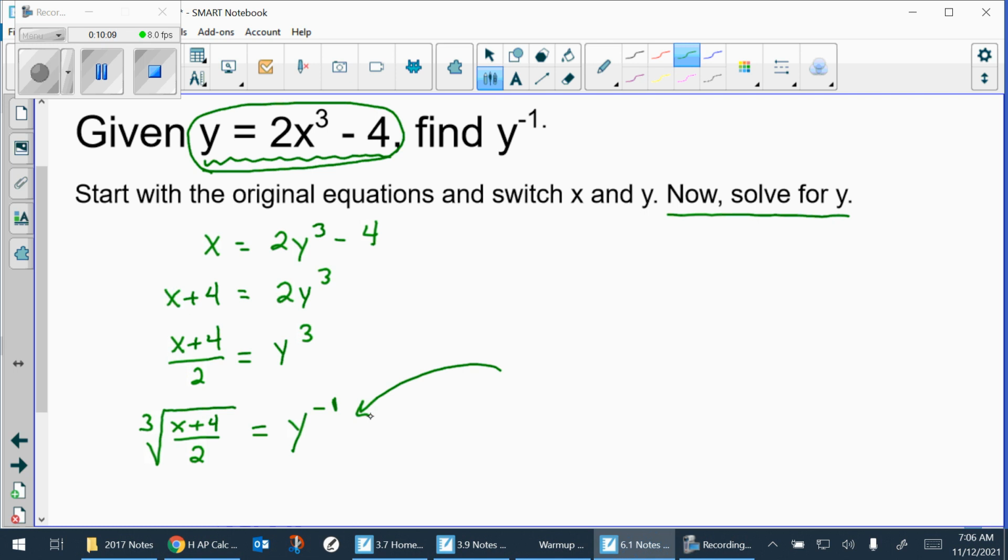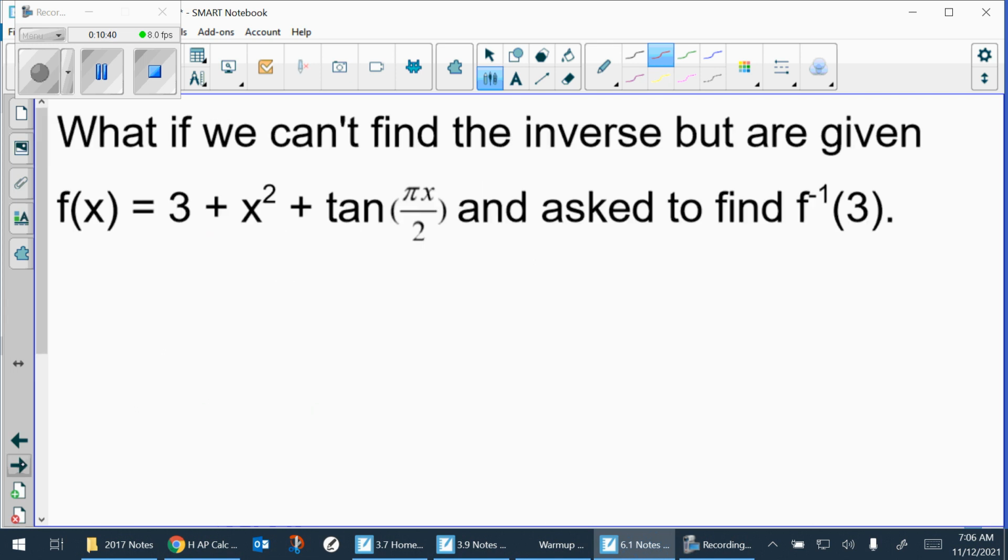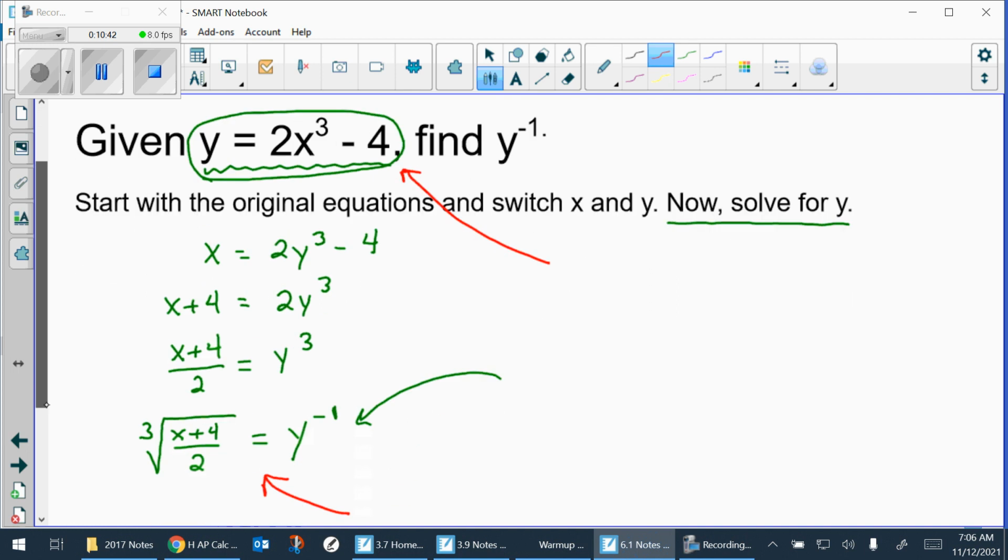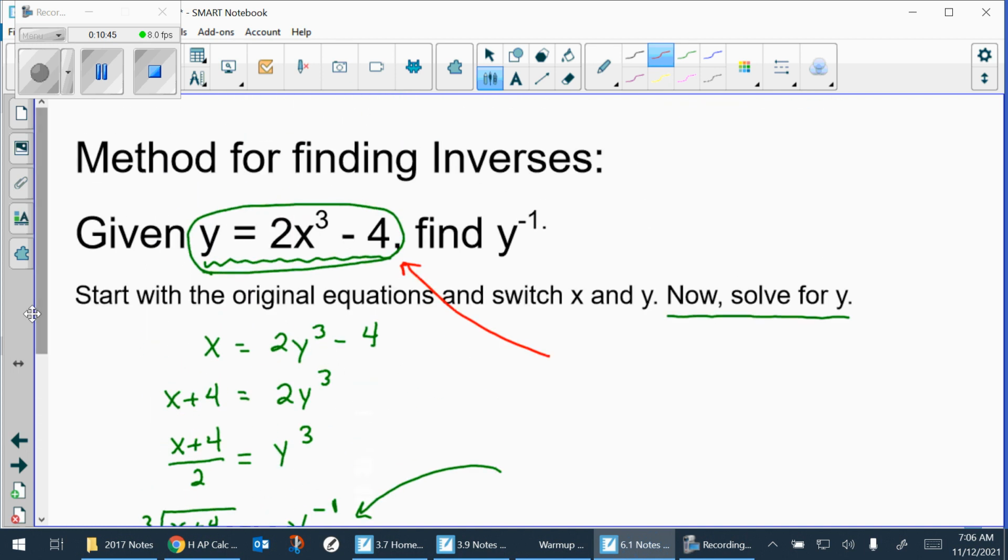And so if I graphed y equals the cube root of x plus 4 over 2 and the original on my calculator, I think I'd find that those are reflections over the line y equals x, and you can try that if you'd like. All right. I just better make sure there wasn't anything else. There was nothing.